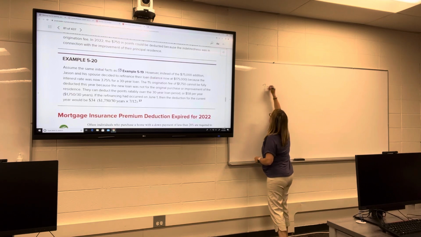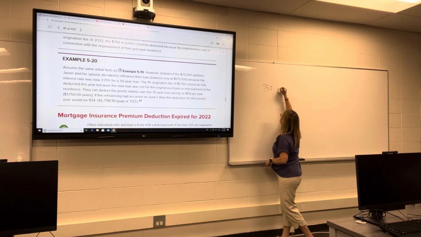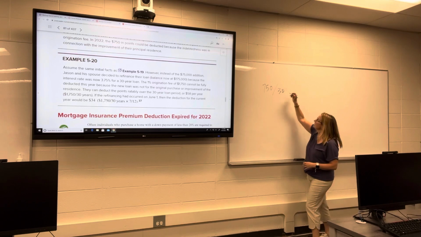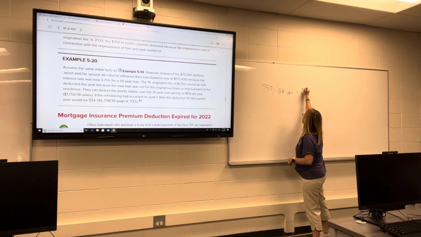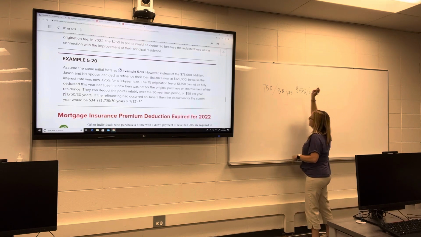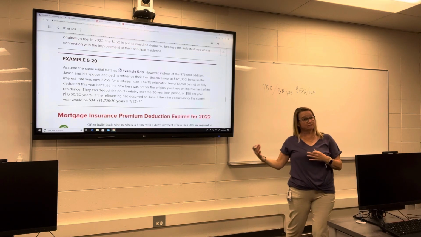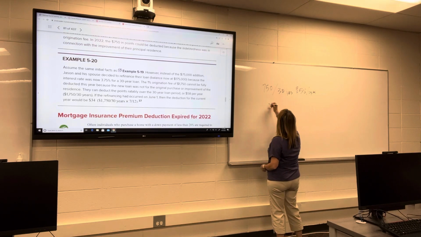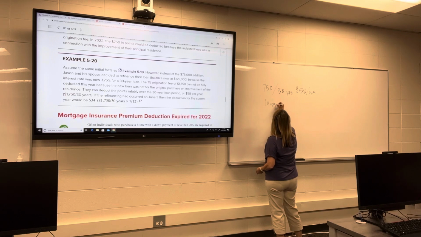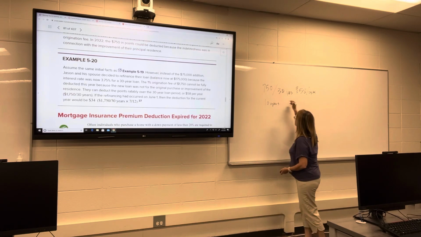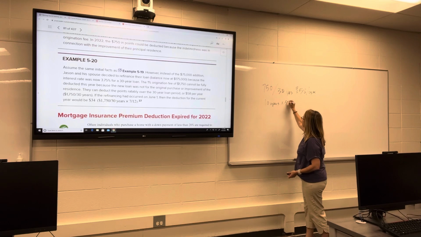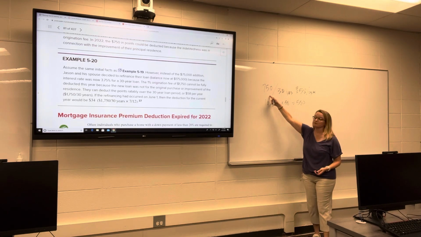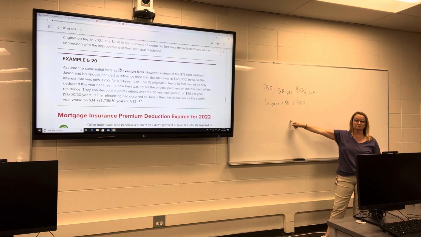So the $750 of points, we're going to divide it by the number of years in order to amortize it. So $58 a year. That's the amount of their deduction for those points. Let's say after 10 years of taking this deduction, they've taken $580 of that $750, but after the 10th year they decide to sell.